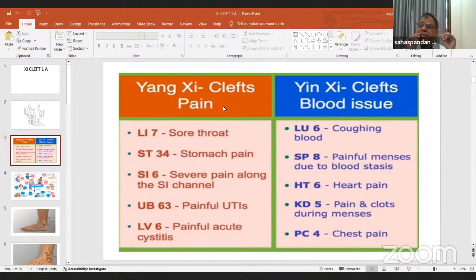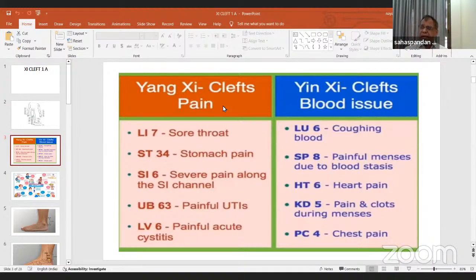So prick the kidney 5 and allow blood to come out, up to 20 to 30 drops. When you do this, the patient will be fast asleep and the pain will stop immediately, and he will be calm.